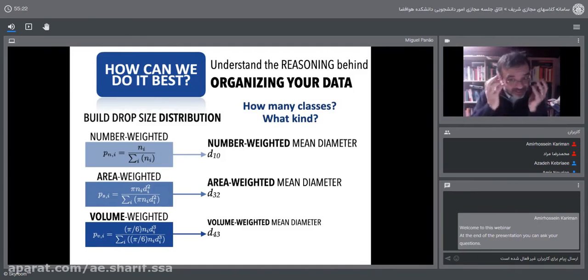So there is a physical reasoning behind using this mean diameter. And so when you express in your language number-weighted, area-weighted, you are grounding your explanation honestly on the physics. That's what I think.